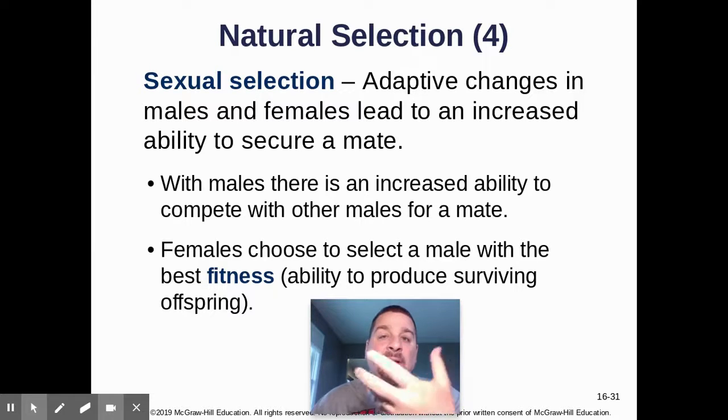So when organisms look for mates, or who they breed with, that determines which types of adaptations would be passed on or not passed on. With males, they're competing with other males for a mate. And females, are they selecting a certain mate based on certain traits because of fitness? That increases the likelihood that certain traits are passed on.